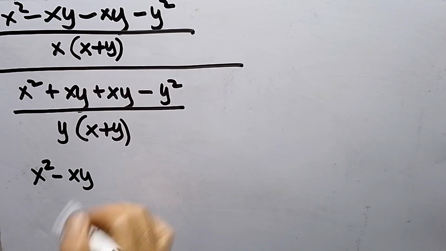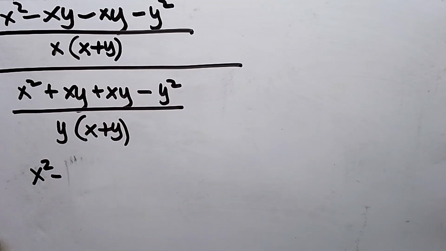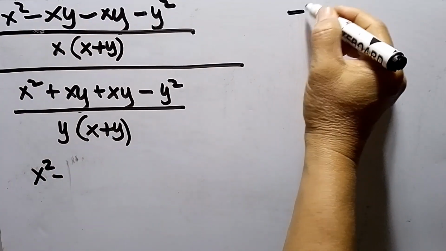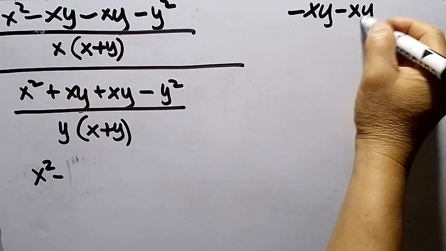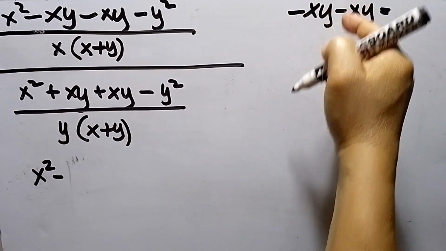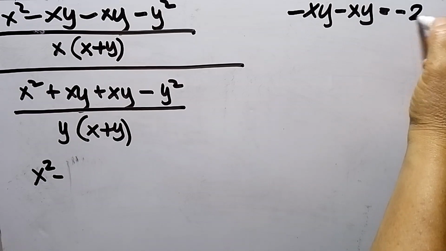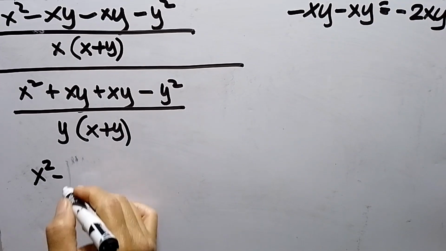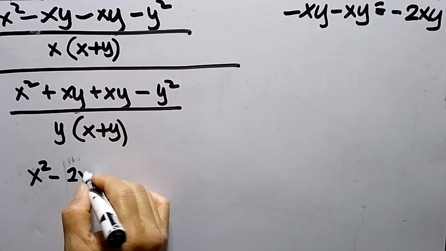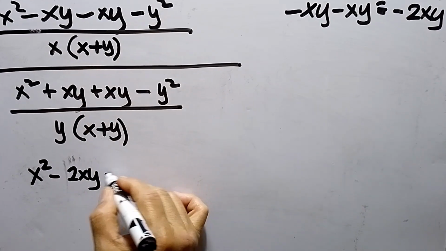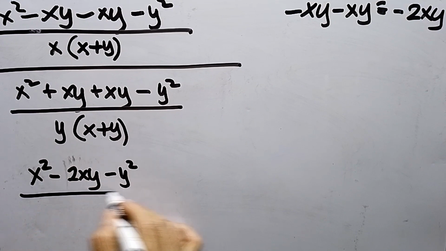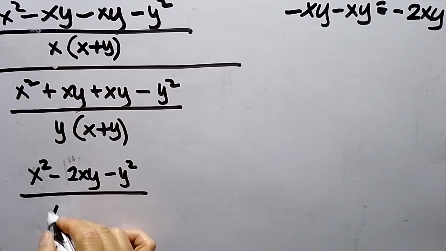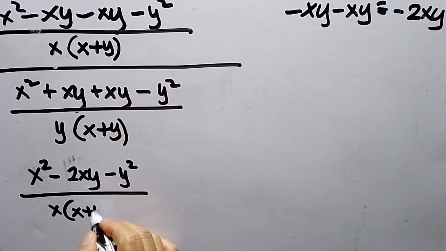I have here minus xy minus xy, so this will be 1 and 1, which is minus 2xy, then minus y squared. This one, copy, x plus y.